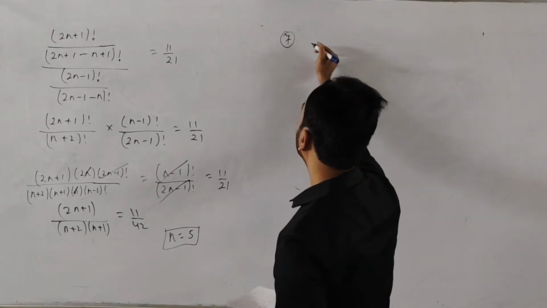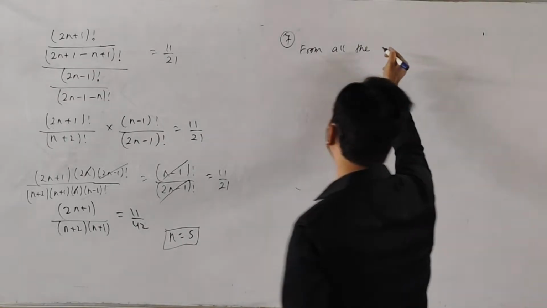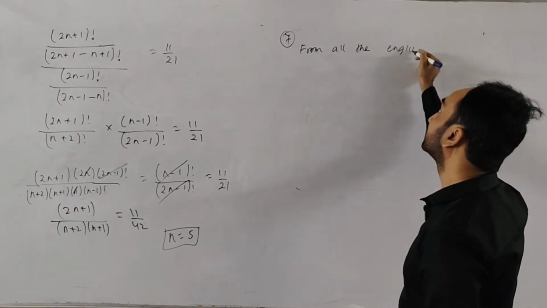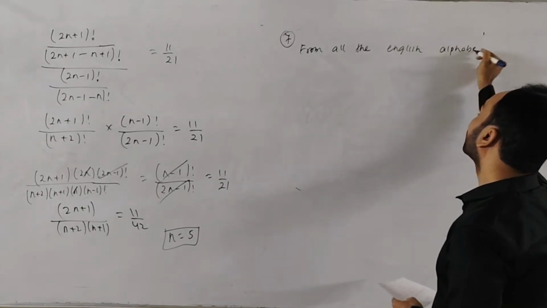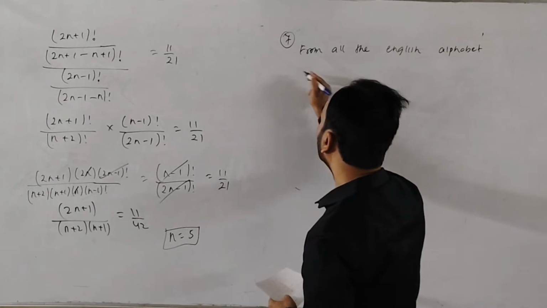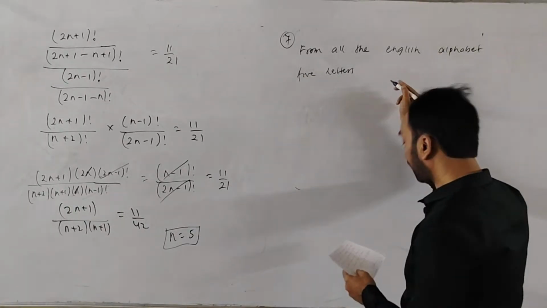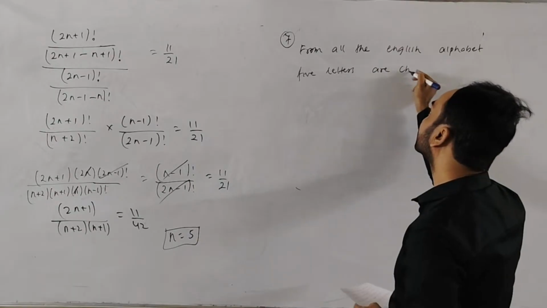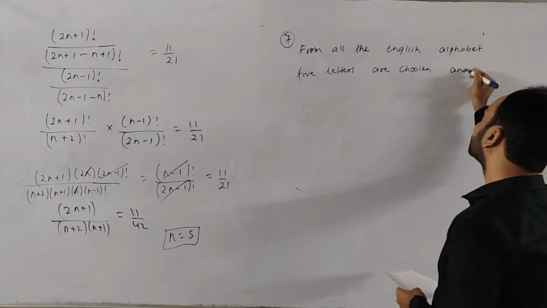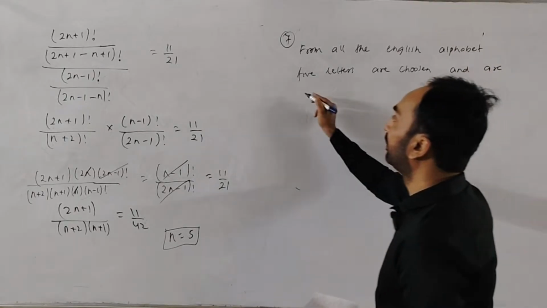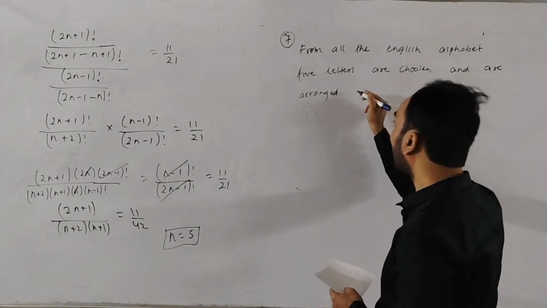From all the English alphabet, and this is from the year 2025, 5 letters are chosen and are arranged in alphabetical order.